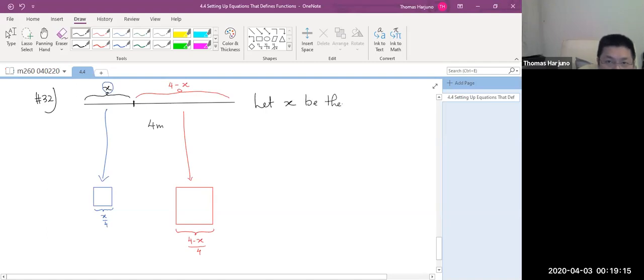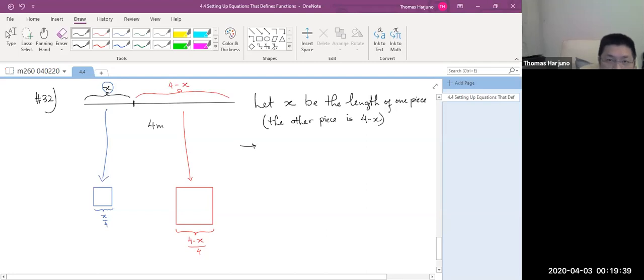Okay, now then I go back, then let x be the length of one piece. And the other piece is 4 minus x.